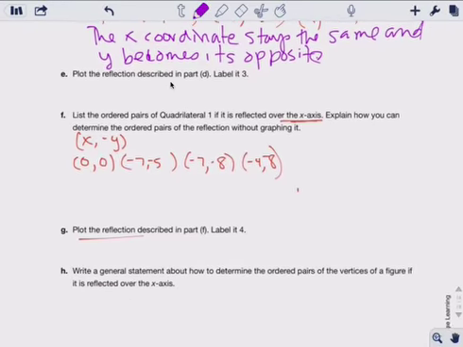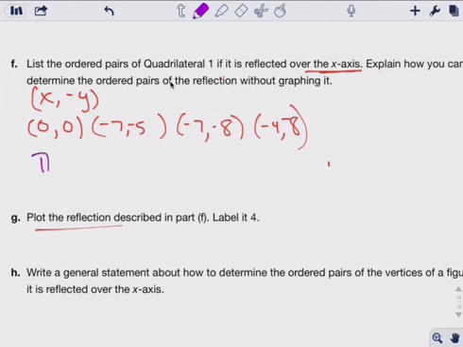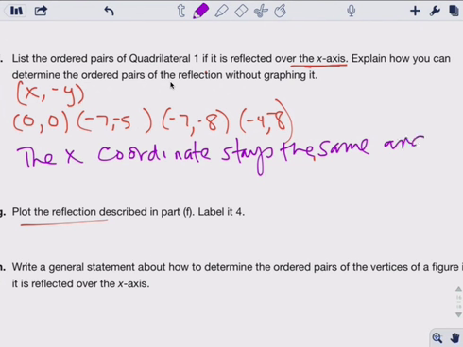And this one here, the x stays the same, the x coordinate. And the y becomes its opposite. Okay?